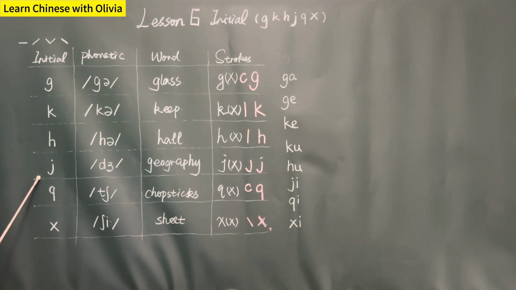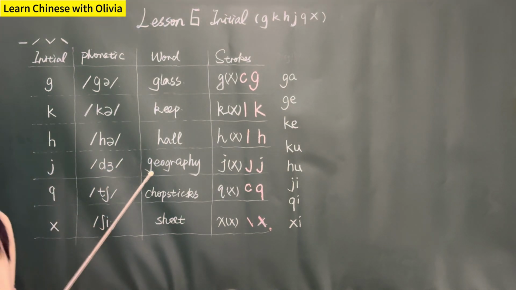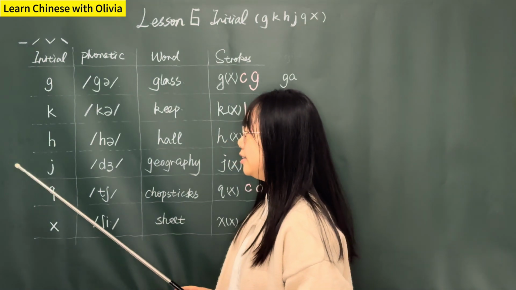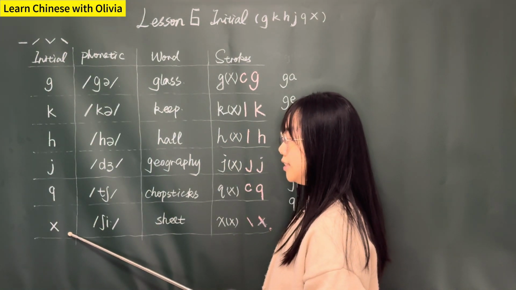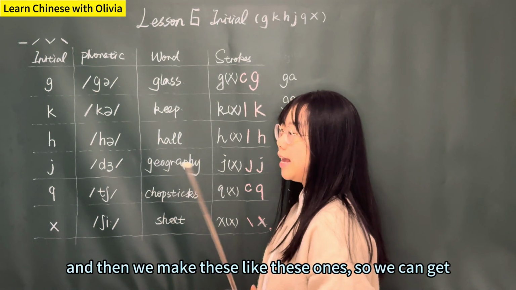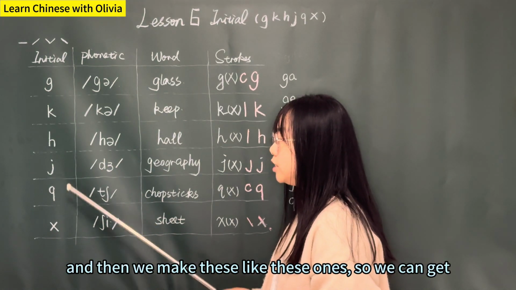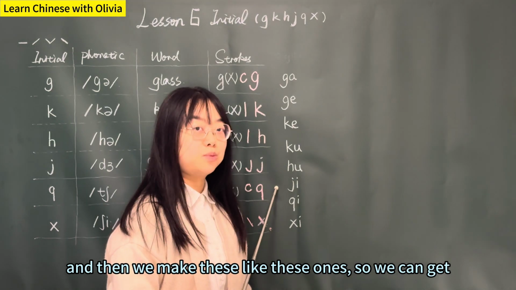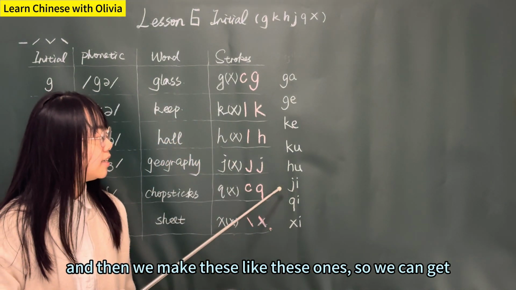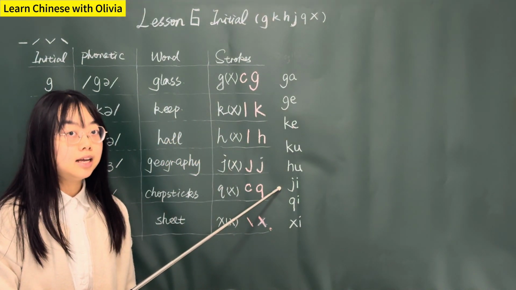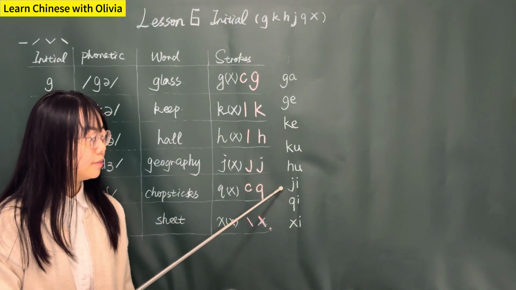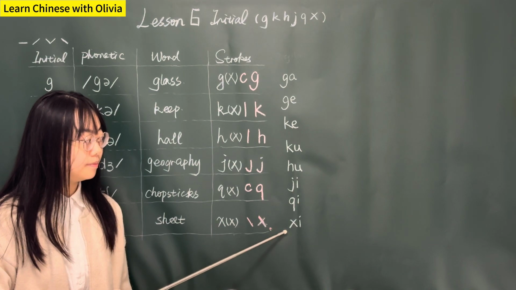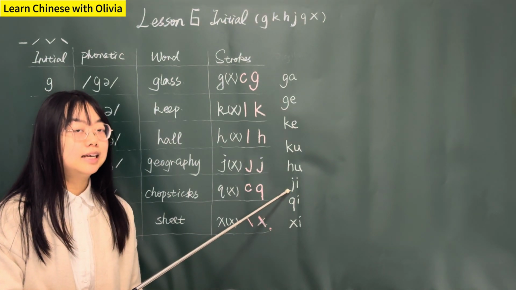So read after me again. G, G, G, chi, chi, chi, she, she, and then we make this like this one. We give you 5 seconds to reflect on it.